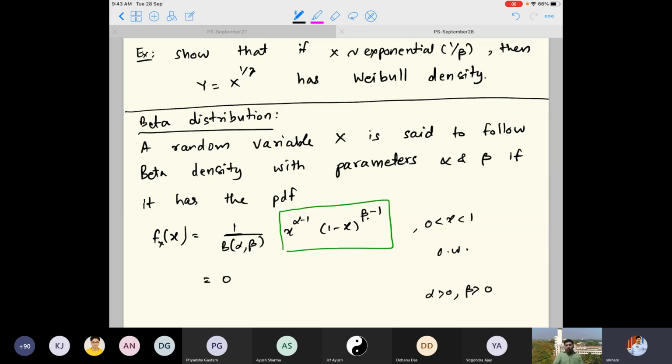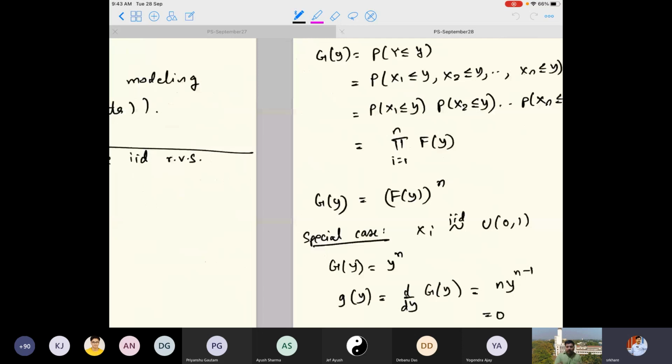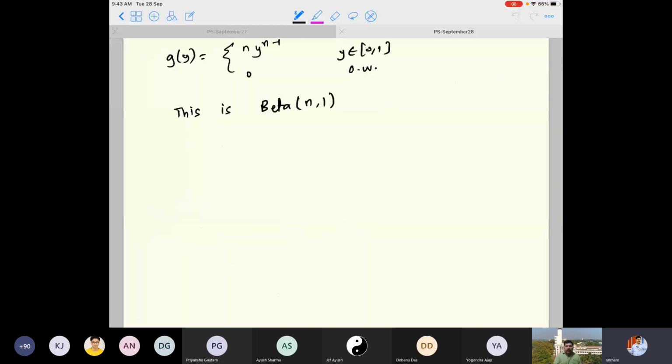So you have x to the power n minus 1. And what will be this evaluation? According to the formula, B(alpha, beta) will be equal to 1 upon n. You can just easily check, right? This is what you will get. Okay, so this is Beta(n, 1).